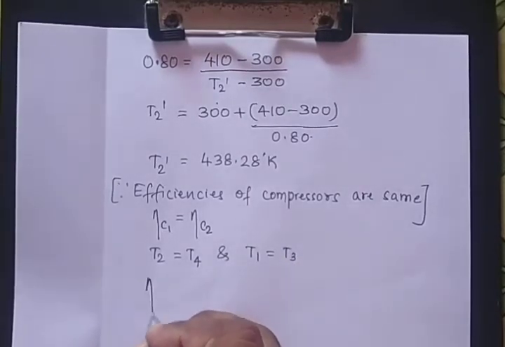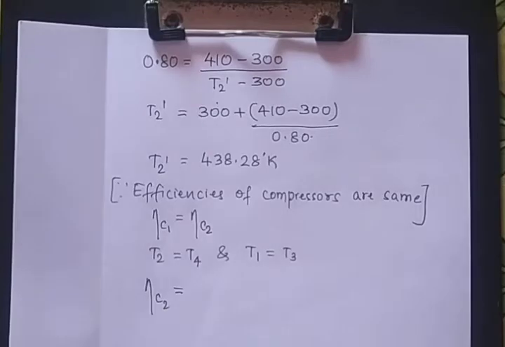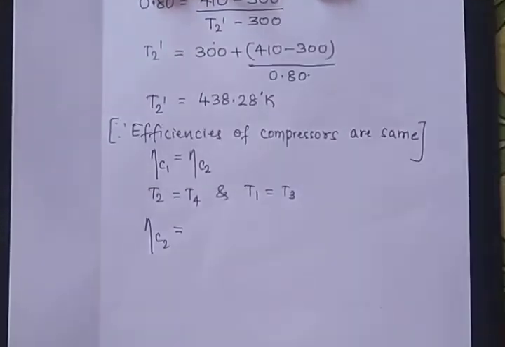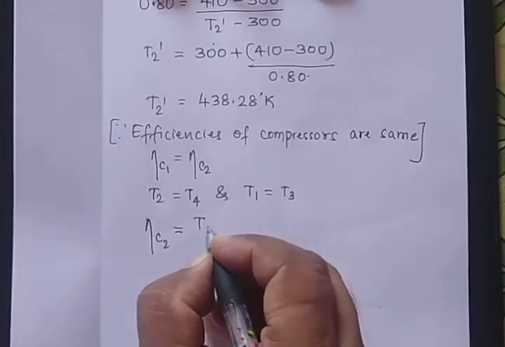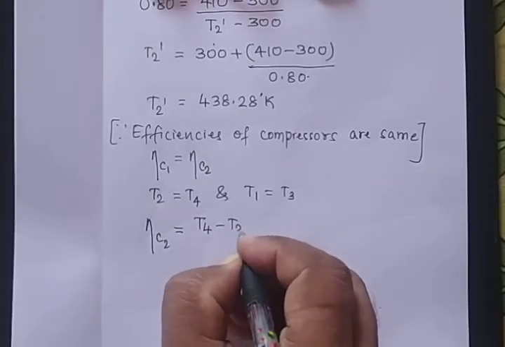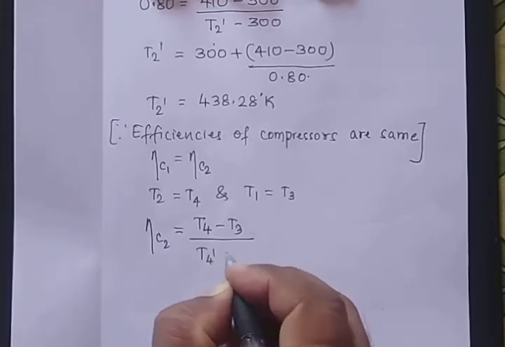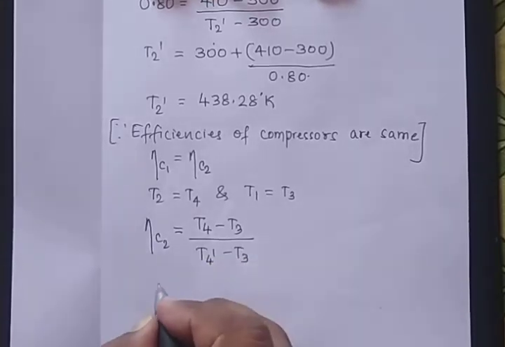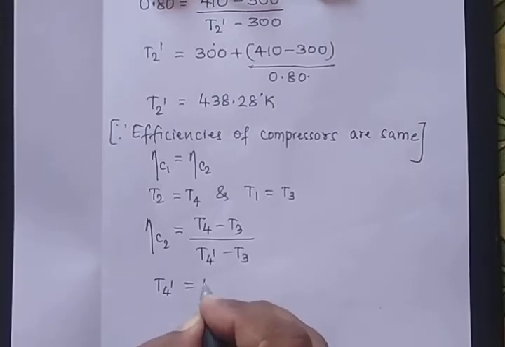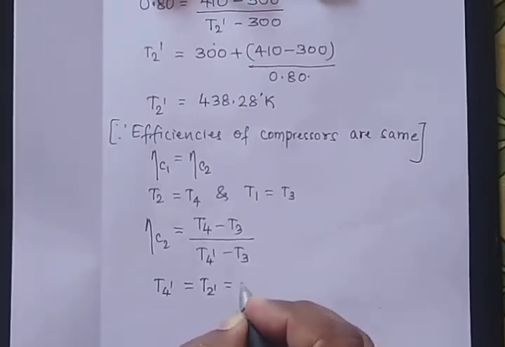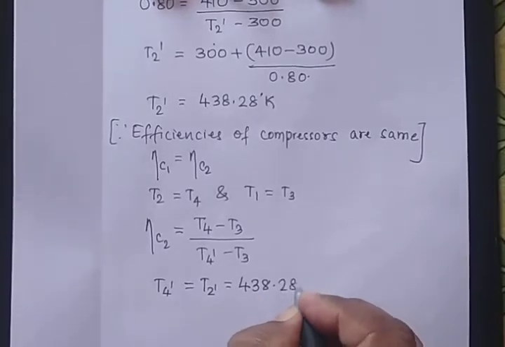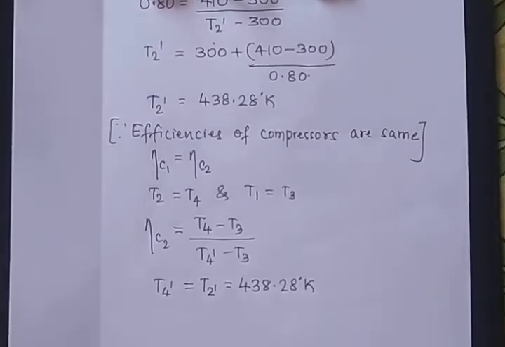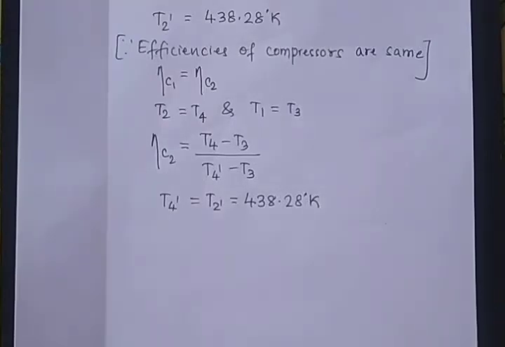If I substitute in the equation, that is efficiency of second stage compressor will be equal to T4 minus T3 divided by T4 dash minus T3. So you get the value of T4 dash, which is equal to T2 dash, which is same, that is 438.28 degrees Kelvin.